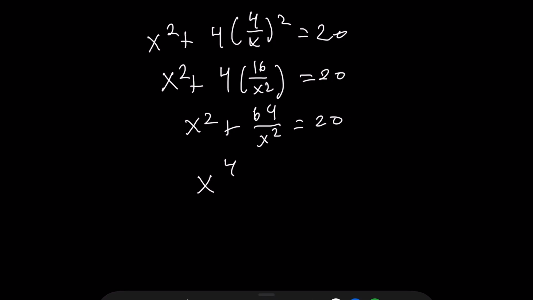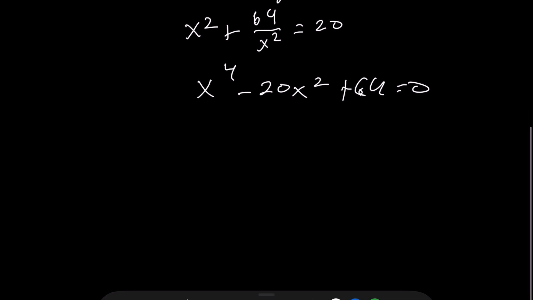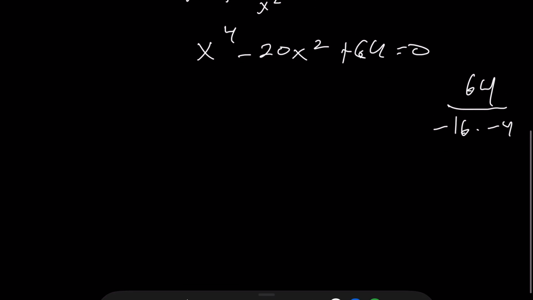I would multiply both sides by x squared to get rid of the x squared in the denominator, so you actually get x to the fourth. I'm going to move the 20 over, so x to the fourth minus 20x squared plus 64 equals 0. Okay. Now this looks a bit ugly to factor, but this is pretty much just a quadratic. Two numbers that multiply to 64 and add up to 20 are going to be negative 16, negative 4.